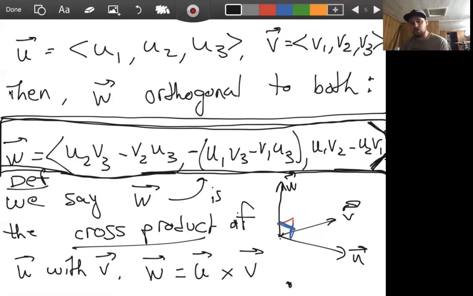So V2, U3, and then the second component is negative, and then it's U1, V3, and then the indices flip again. So it's minus V1, U3, right? And so you can see there's some pattern to this, and you could memorize it. But what we'll see in a little bit is that using matrices and determinants, there's a really nice way to calculate the cross product that bypasses any sort of memorization task.